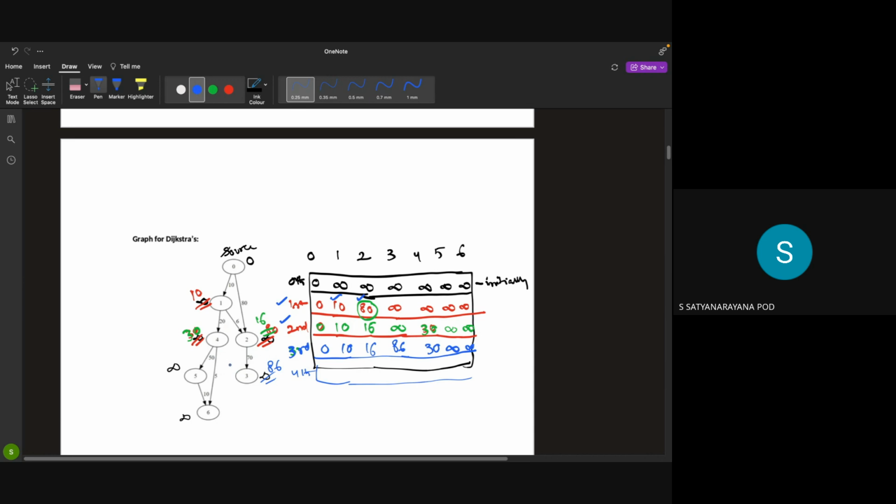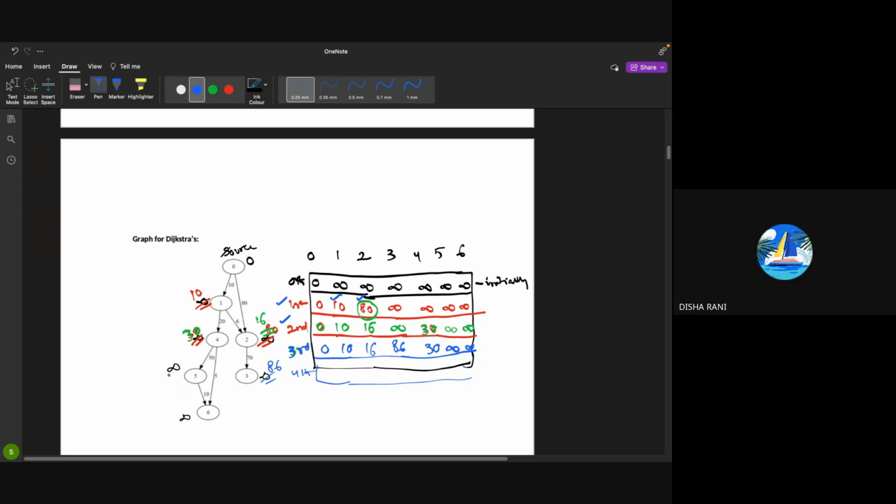Of course, 3 is not having anything further. If 3 had further, we'd go from the 3, but we are not having anything. So from the 4 we are going, that means 4 to 5. Already 30 is there. The reachability to the 4 is 30. So 30 plus 50, how much? 80.